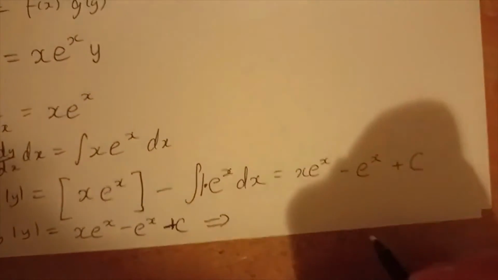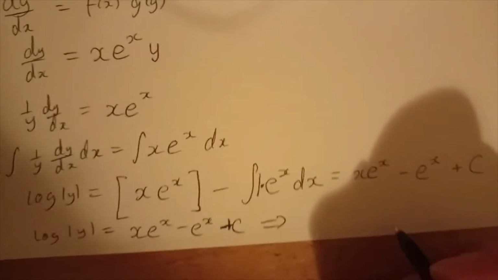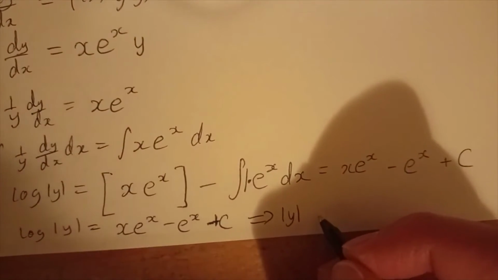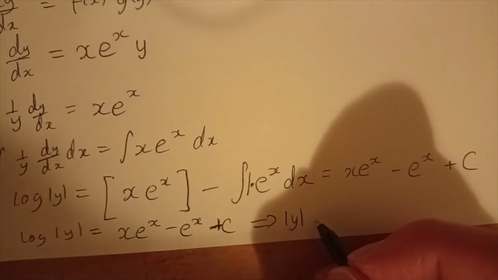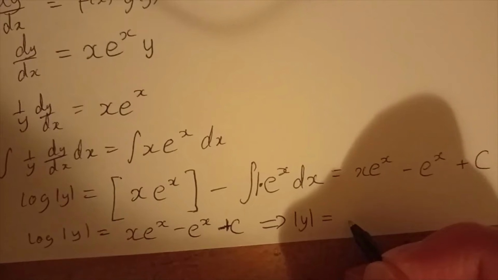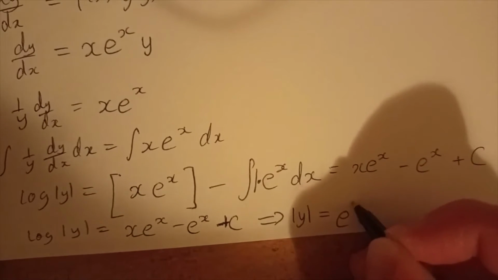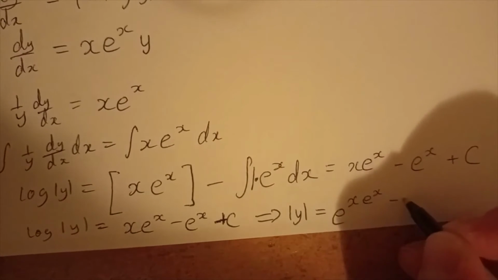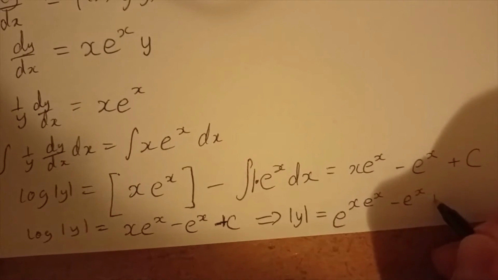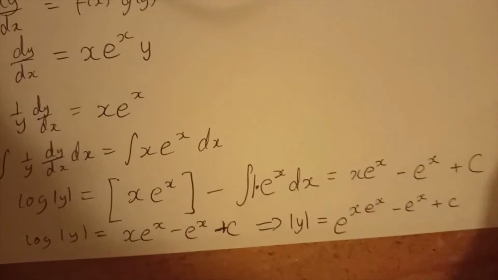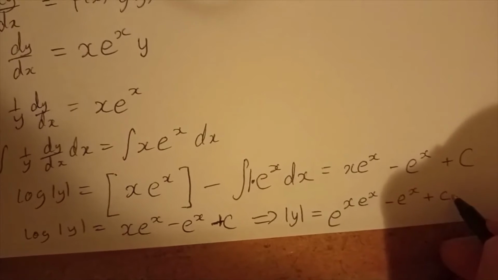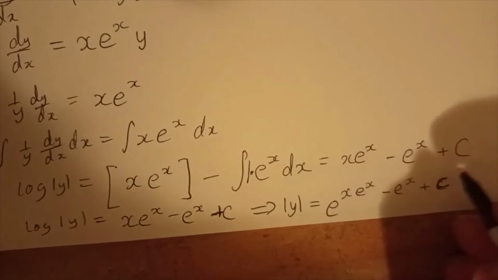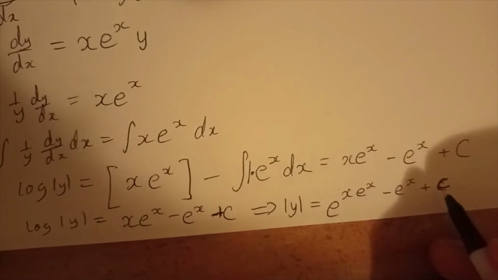And so that implies that if we take the exponential of both sides again, we'll end up getting an exponential of some exponential functions. So we get e to the power of x e^x, take e^x, plus c. Again, this constant c can be factored out as just e to the power c.